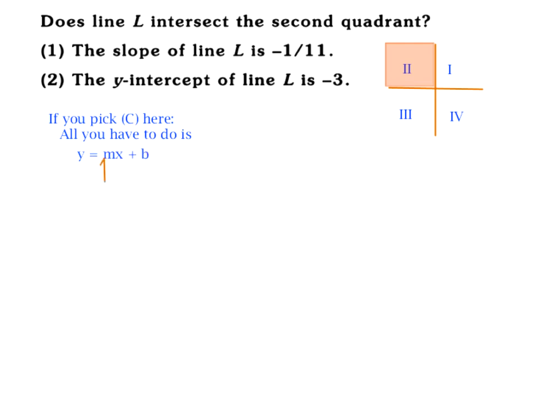If you pick C, all you are doing is saying, look, statement 1 gives me this, and then statement 2 gives me the other thing, which is the B. And then you're saying I have the line. So yeah, not really going to be how this works, right?